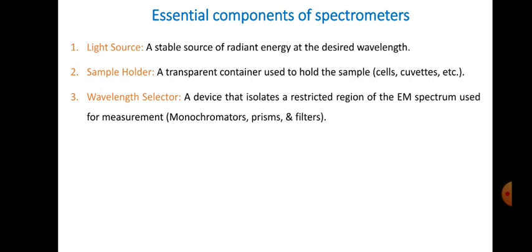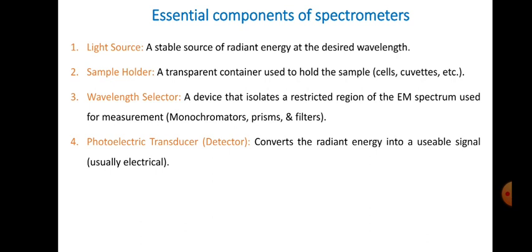So we have to set that particular lambda max, the wavelength having maximum absorbance, and we have to restrict all other radiations. That will be done by the wavelength selector. Additionally, we can keep on scanning a particular sample from the lower wavelength to the higher wavelength. That is also possible, and then we can record a spectrum.